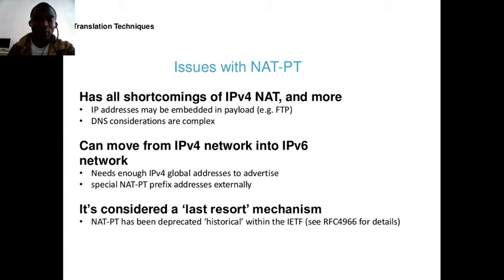Just like IPv4 NAT, we know fully well that NAT in IPv4 is something we do not appreciate, and IPv6 does not welcome that, and that's why IPv6 has solved that problem by sweeping away the NAT in IPv4. So it has all the shortcomings of the NAT in IPv4. As a result, it should be considered a last resort mechanism. So you should use this only in cases where you do not have an alternative.